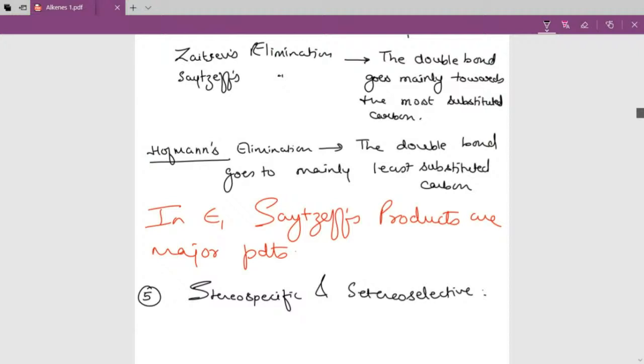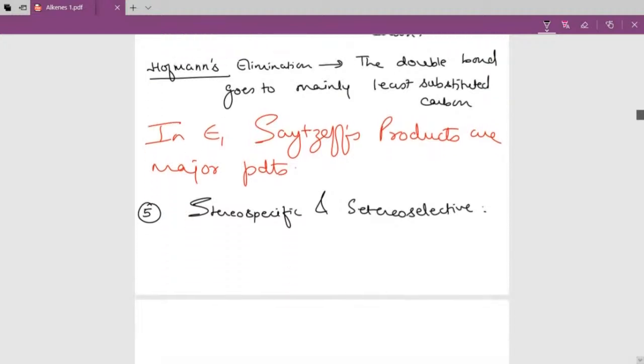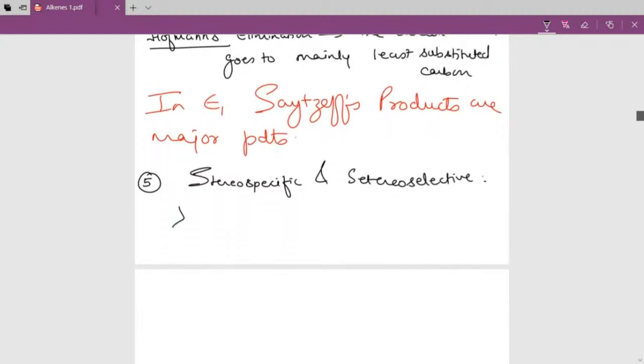They can be stereospecific. There is a strong possibility. There have been evidences which support that E1 reactions are stereoselective and stereospecific. Sometimes condition defined, not always. That depends. Now, my term is not very valid for always. Like as I said, sometimes.